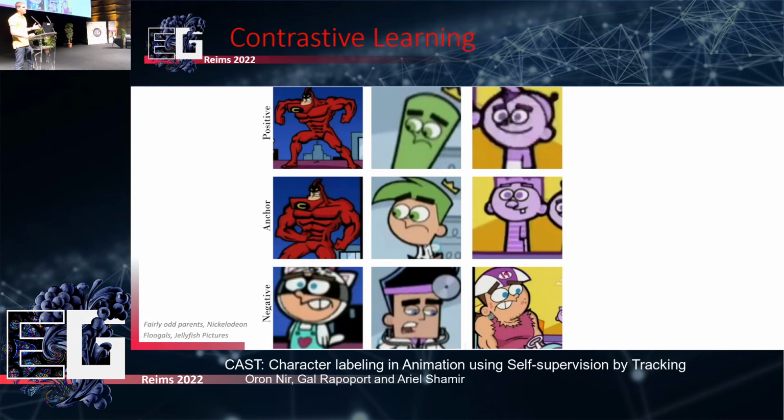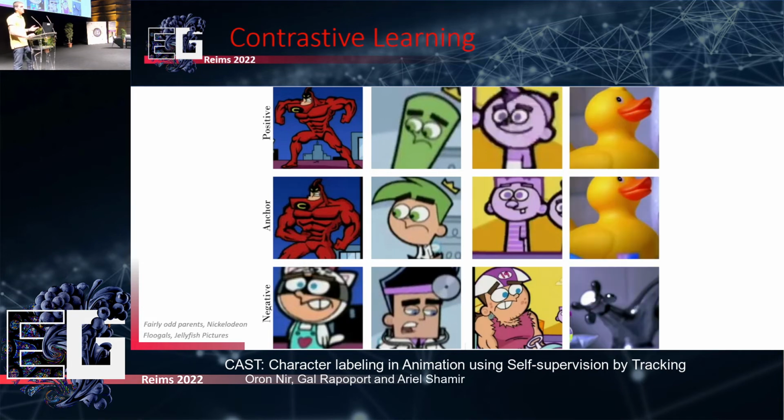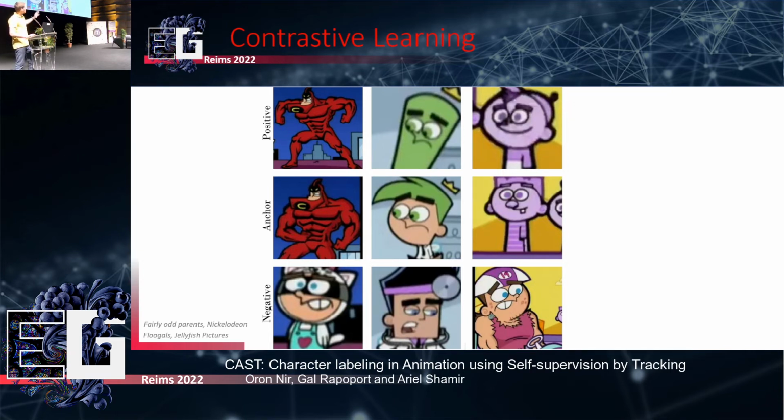I brought two examples of failures found in the data, where the multi-object tracker fails. But that's not a bad failure. A bad failure would be to give a negative example which has the same identity as the anchor, and a positive example which is a different identity. This is the worst case that can happen.